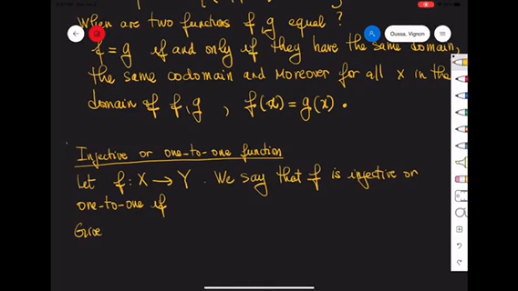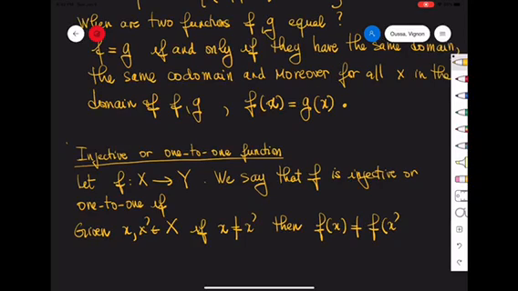Given x and, let's say, x prime in the domain, if x is not equal to x prime, then f of little x is not equal to f of x prime.